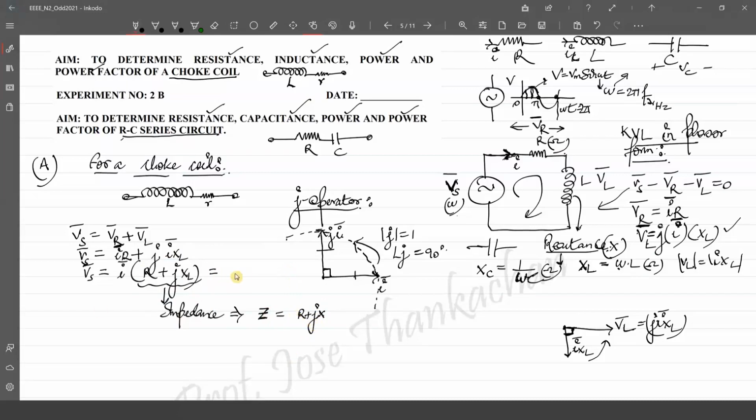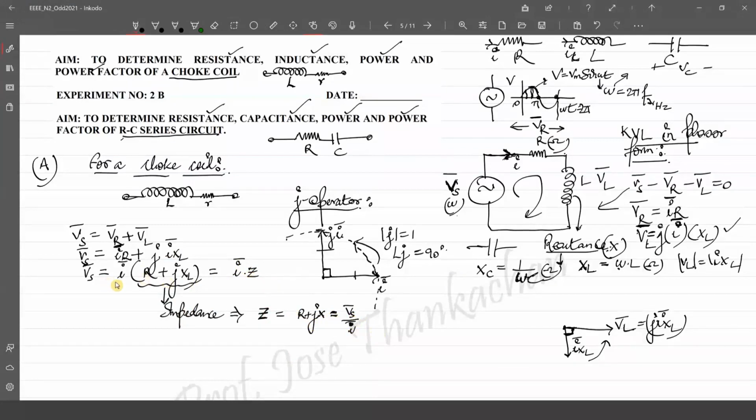Now I can write this expression as Vs is equal to I phasor multiplied by, instead of R plus JXL, Z. Is this clear to everyone? So what is this impedance? Impedance is R plus JX. This can also be written as the voltage Vs phasor divided by I phasor.